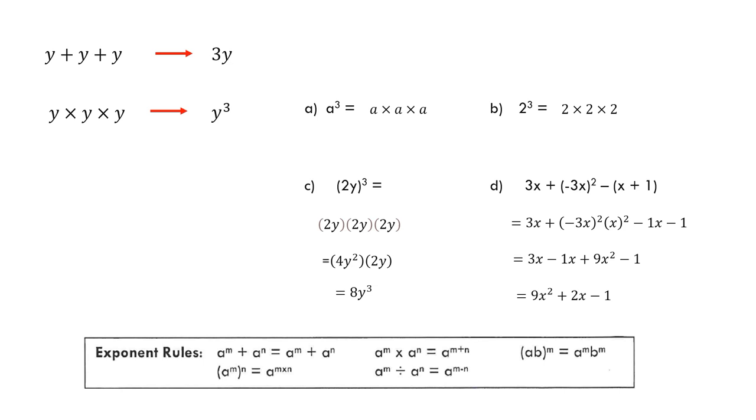It's just a rule of some of our exponent rules. A to the m times a to the n equals a to the m plus n.